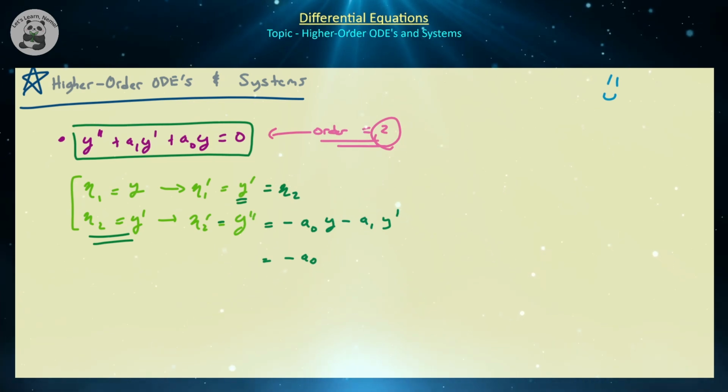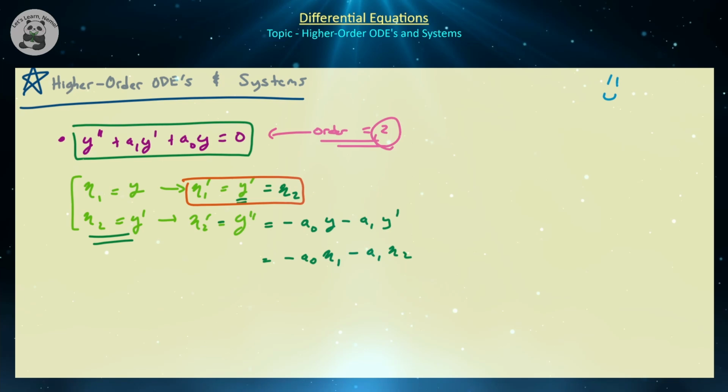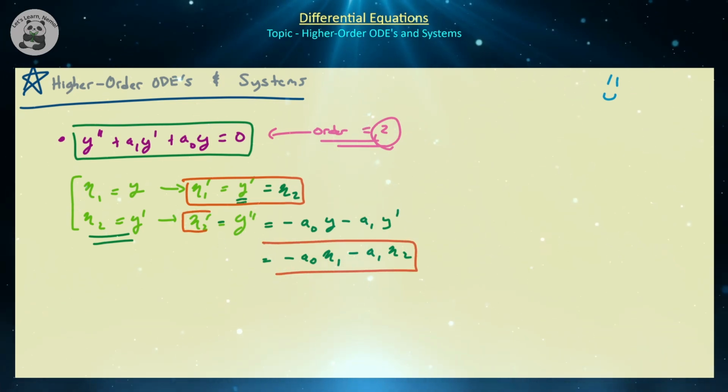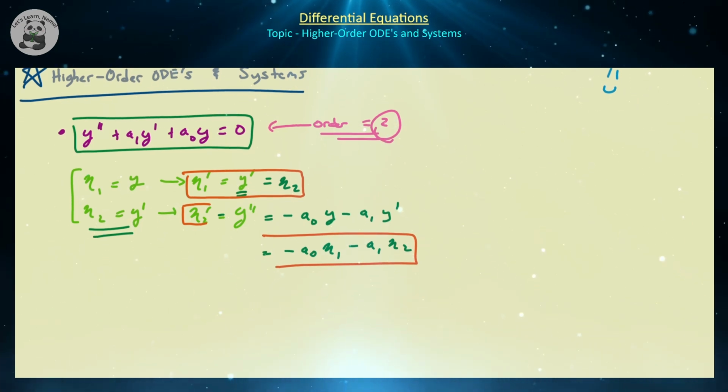Well, y is just equal to eta1, and y prime is just equal to eta2, right? So we have that eta1 prime equals eta2, and eta2 prime is equal to minus a0 eta1 minus a1 eta2.